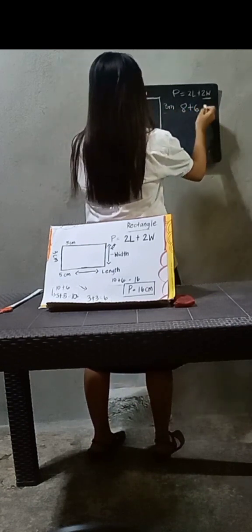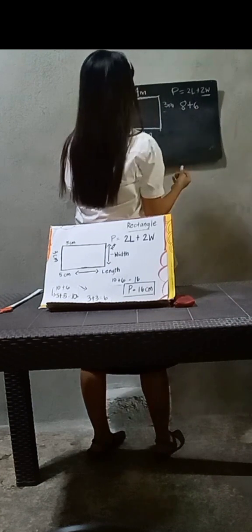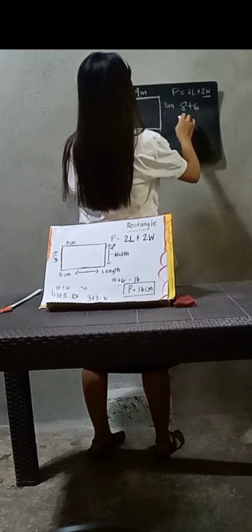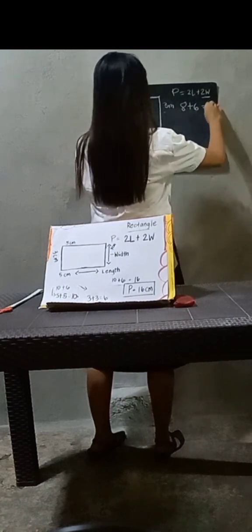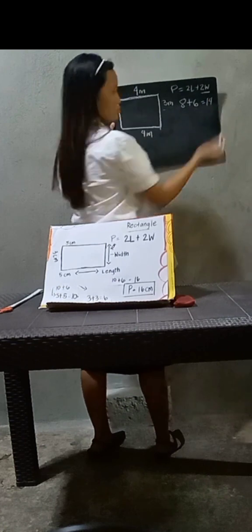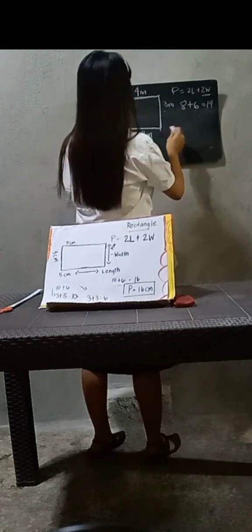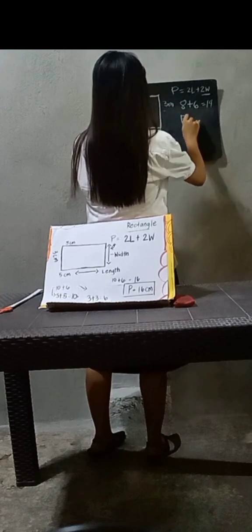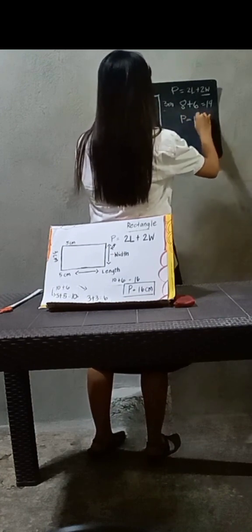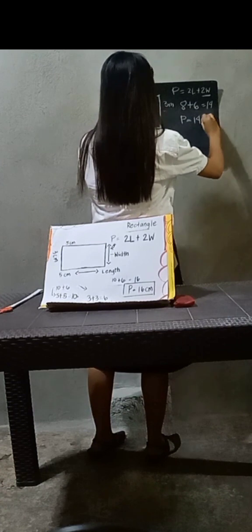So 8 plus 6 equals 14. So the perimeter of this rectangle is 14 meters.